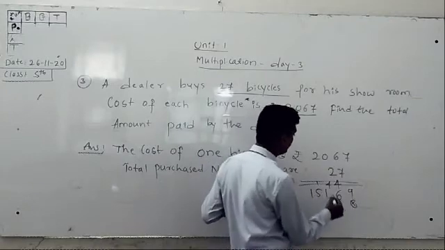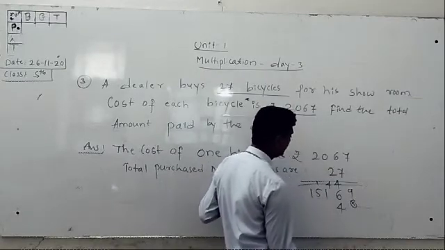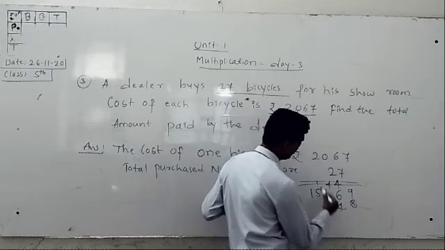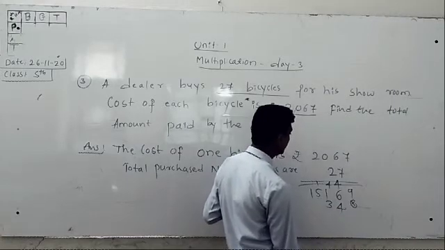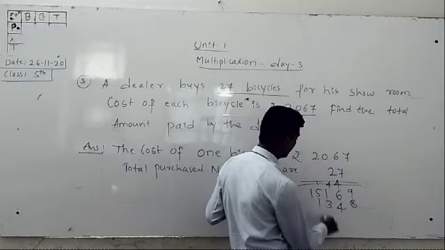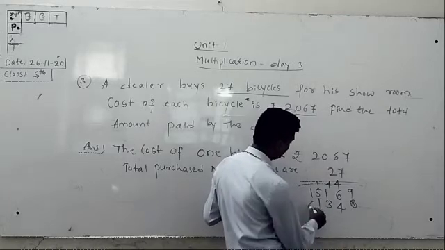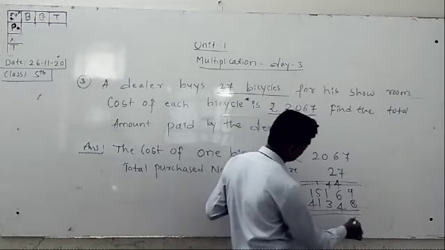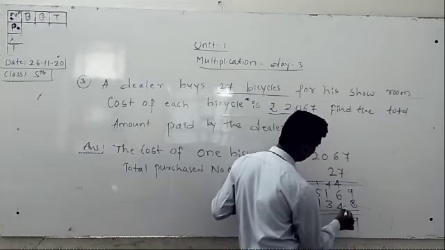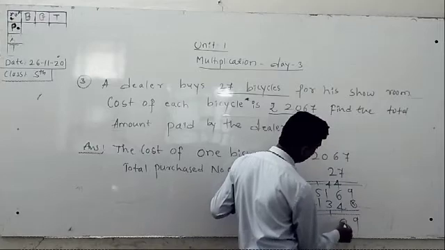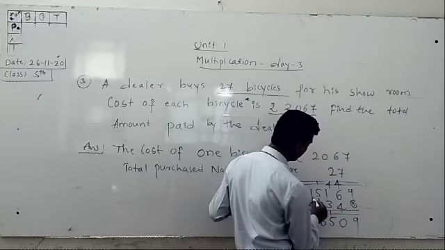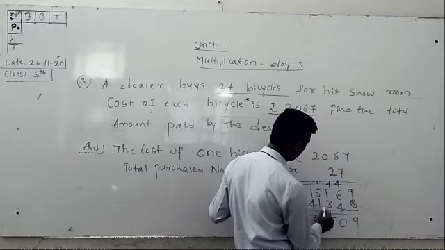Then 7 2s are 14, 1 carry, 6 2s are 12 plus 1, 13, 1 carry, 2 0s are 0 plus 1, 1, 2 2s are 4. Adding: 9, 6 plus 4, 10, 3 plus 1, 4, 4 plus 1, 5, 5 plus 1, 6, 4 plus 1, 5.